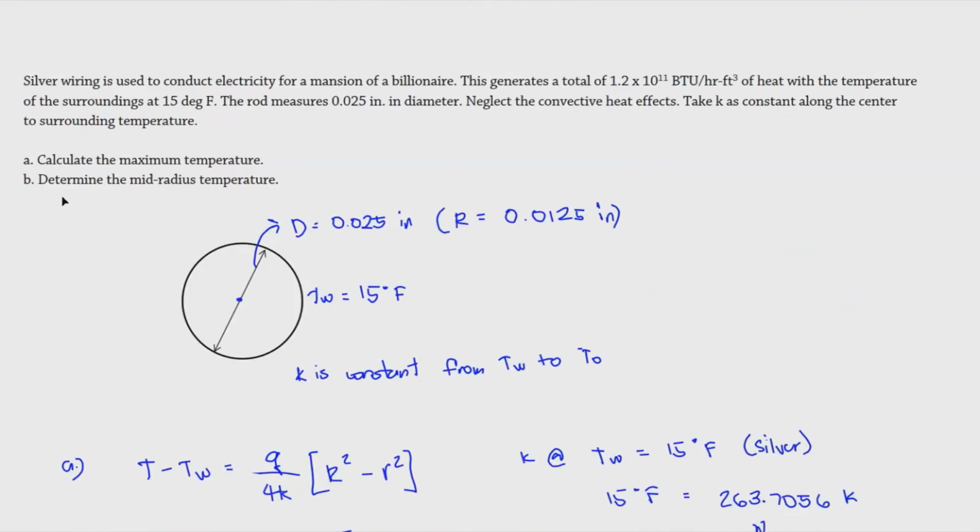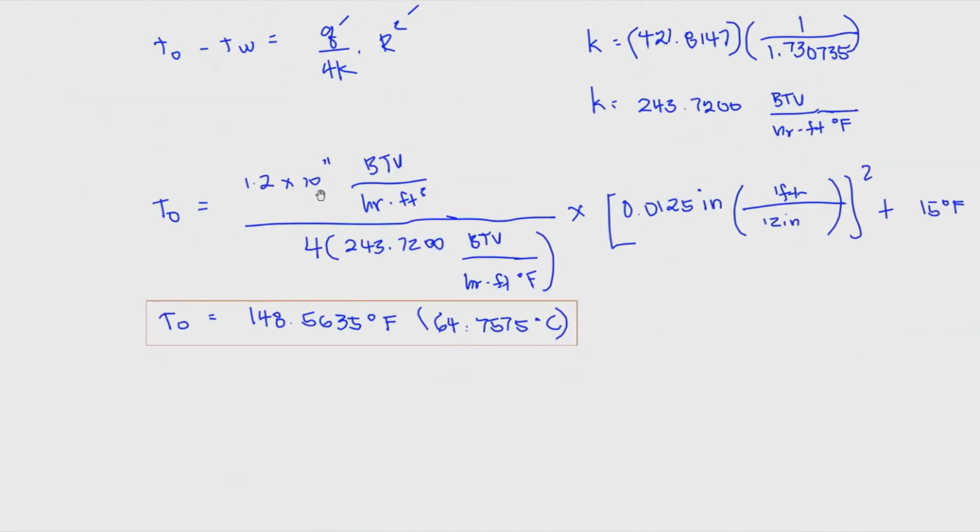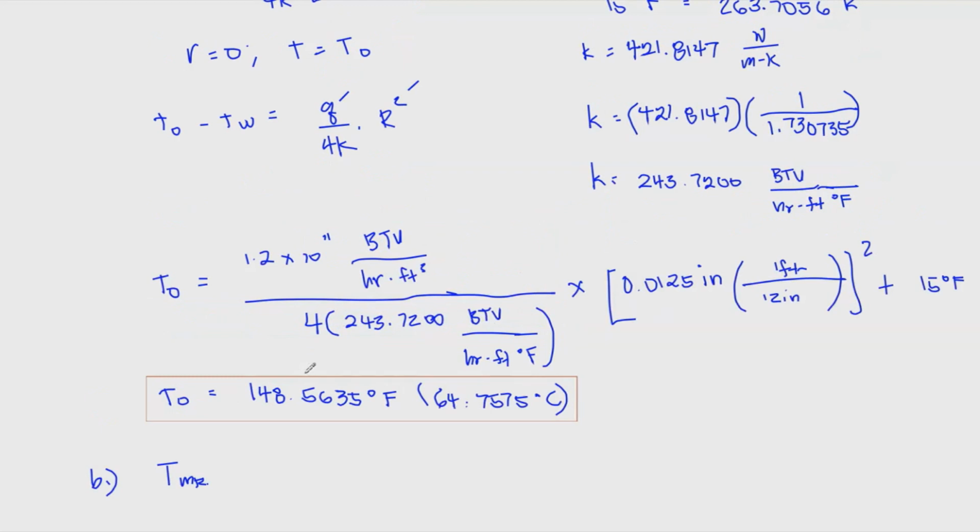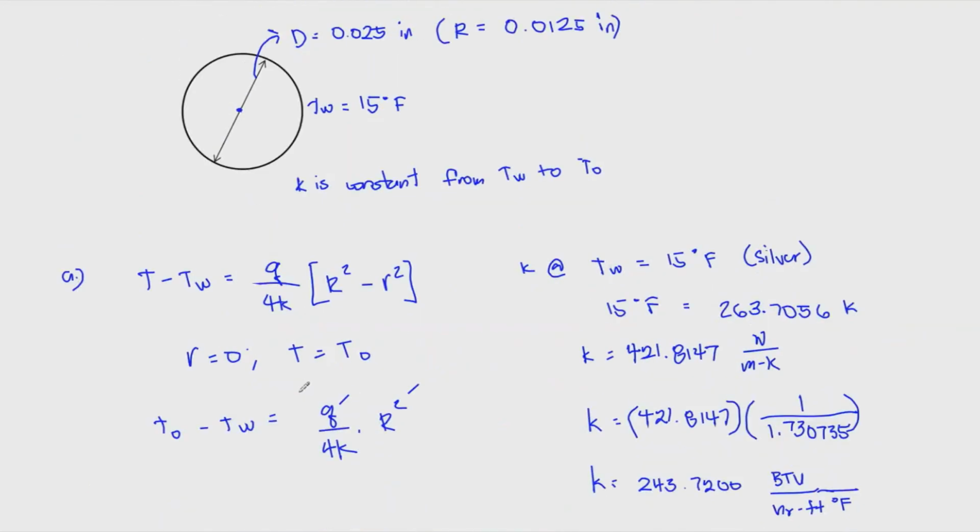Letter B says that we need to determine the mid-radius temperature. For letter B, let's call it TMR, the temperature at the mid-radius. Of course, you're free to use any kind of designation for that.